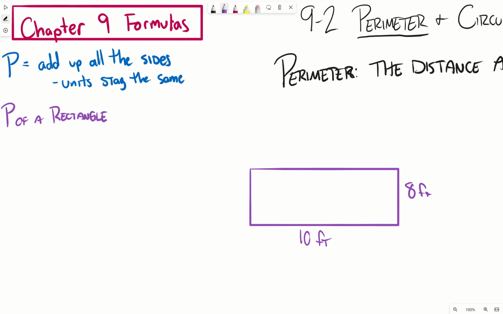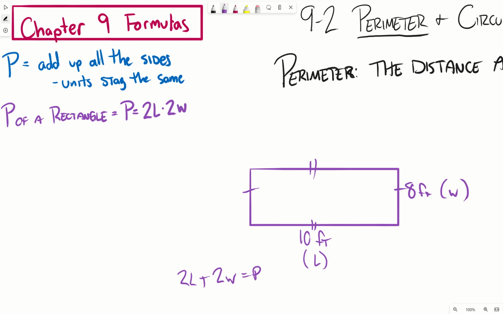Remember, since I know that in a rectangle this side is equal to this side, and this side is equal to this side, I know that I have two lengths, right? If this is my length and this is my width, I have two lengths plus two of my widths will equal my perimeter. And that is my formula, actually. Perimeter equals 2 lengths plus 2 widths.